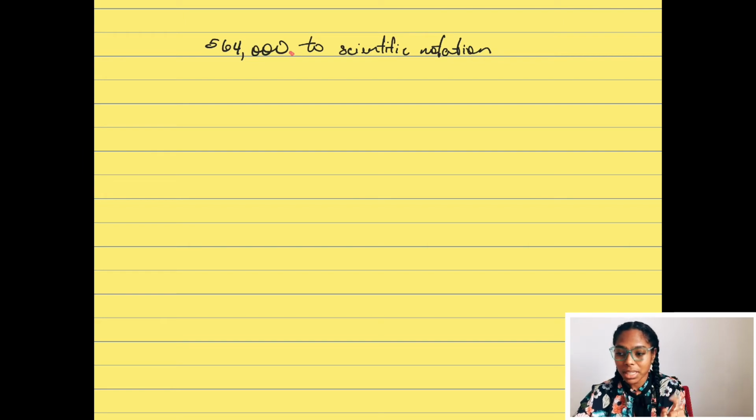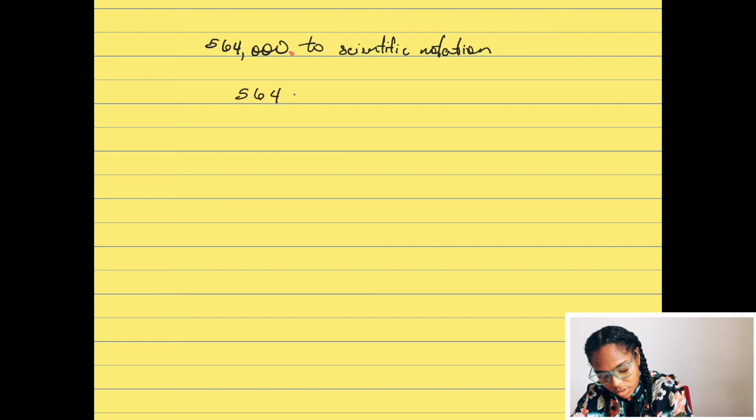The first step is telling us to put the decimal point now in the place that will make this number between 1 and 10. So let's write it down here, 564,000. The place that you'd have to put the decimal point for it to be between 1 and 10 in this case is between 5 and 6, so that we'd have 5.64.